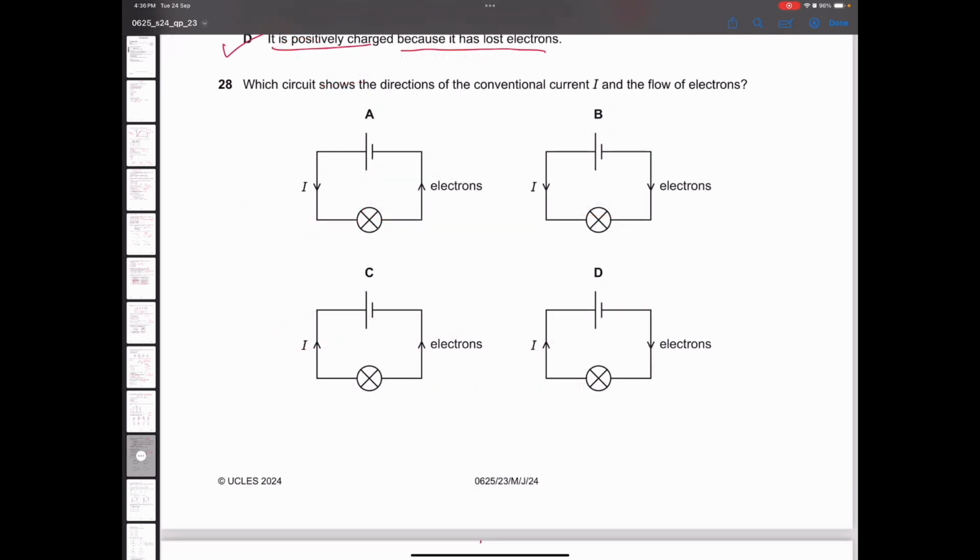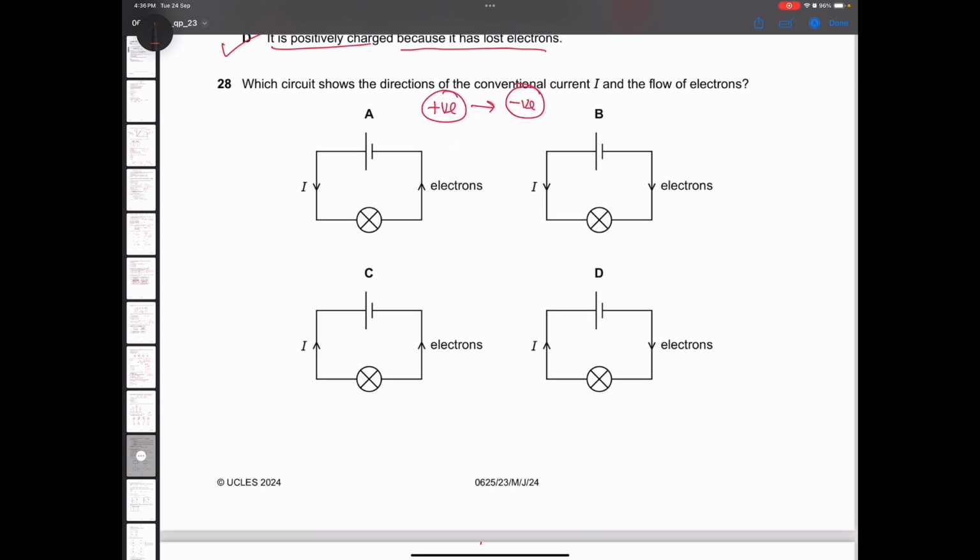Question number 28. This question is asking us about the direction of conventional current and the direction of flow of electrons. We know that conventional current flows from positive to negative terminal of the battery, and the flow of electrons is from negative terminal to the positive terminal of the battery. The longer portion is the positive one, the shorter is the negative terminal.